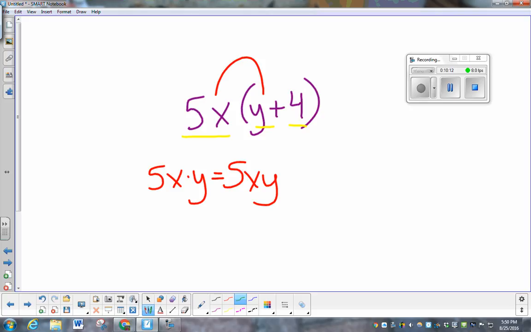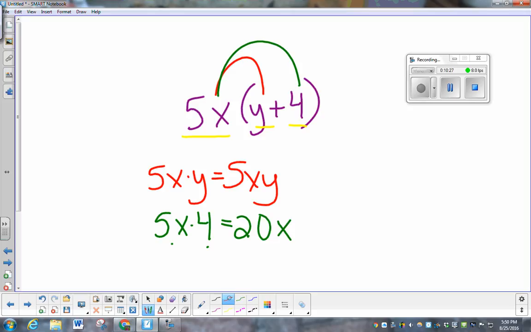Now we need to multiply the 5x by the 4. So now we're going to have to multiply 5x times 4. We've got two constants here, 5 and 4 being multiplied. We can multiply those. 5 times 4 is 20, and we just attach the variables onto the end. So we can rewrite this, I'm going to go down here because this recorder's in the way, as 5xy plus, because this part's positive, the 20x.